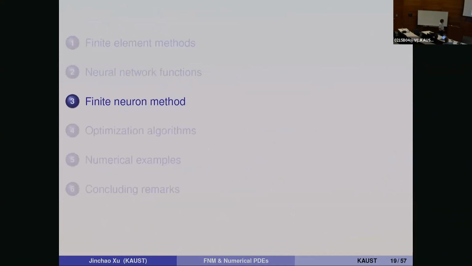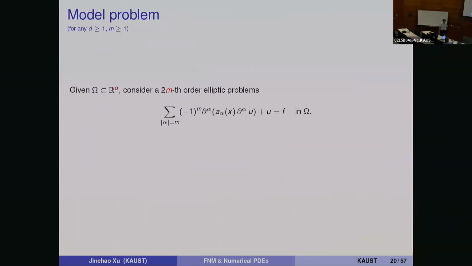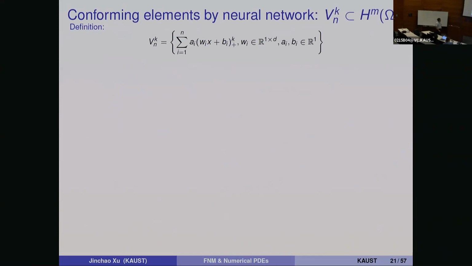So let's talk about how you're going to do what I call a finite neuron method. Suppose I plug this into finite element for PDE and solve this elliptic boundary value problem, which I mentioned before. What I do right now is totally trivial. Did I tell you earlier that if you do piecewise polynomials on a given grid, it is challenging to construct a piecewise polynomial that has higher global regularity?